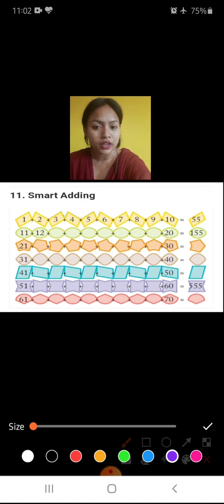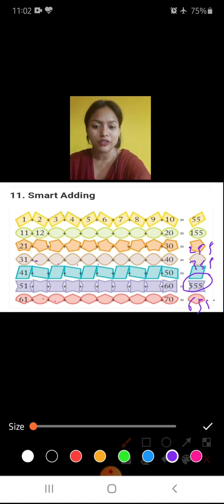So it is 155. Next one will be 255. So the sum of 21 to 30 is 255. Now 31 to 40, 32, 33, 34, 35, 36 and so on, it will be 355. Then the next one 455. Now it is 555 and the next one will be 655.